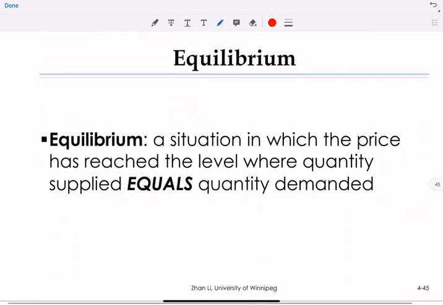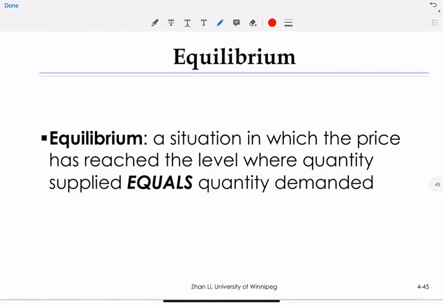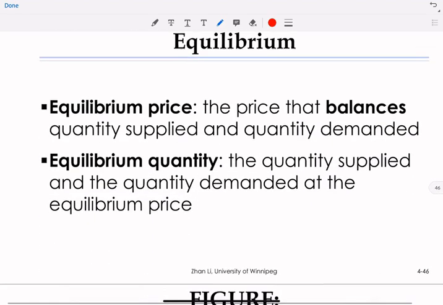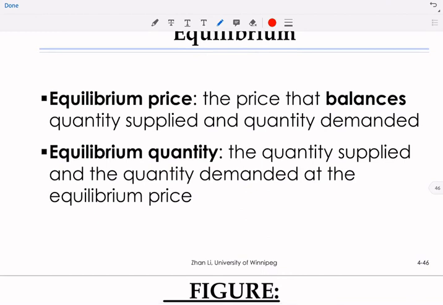Now, let's first define equilibrium. As I said, we are interested in market equilibrium. So a market equilibrium is a situation in which quantity supplied equals quantity demanded. Now, if the market is in equilibrium, we have two kinds of equilibrium objects. The first one is equilibrium price. The second one is equilibrium quantity. So the equilibrium price is the price that balances quantity supplied and quantity demanded.